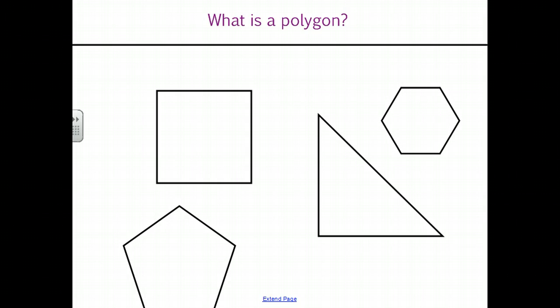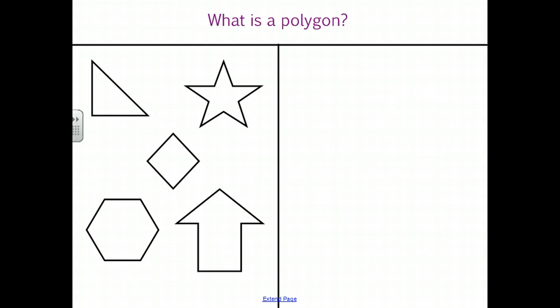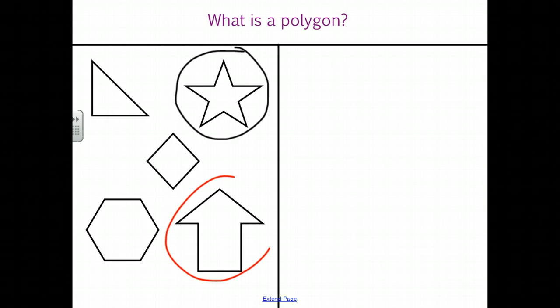Hexagons are polygons, etc., etc. But some other polygons that you might not have thought about a lot, other than the triangle, diamond, and hexagon that we see here, are things like a star. A star qualifies as a polygon. Also, this arrow qualifies as a polygon.